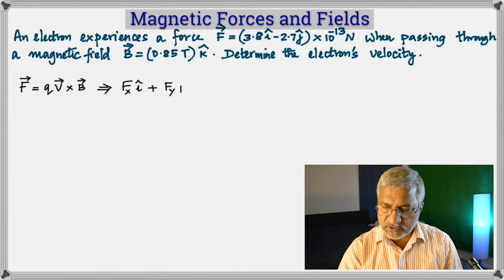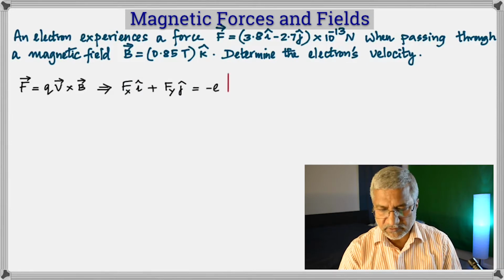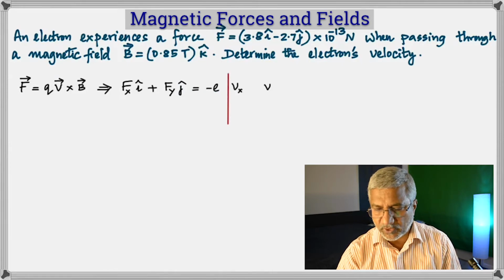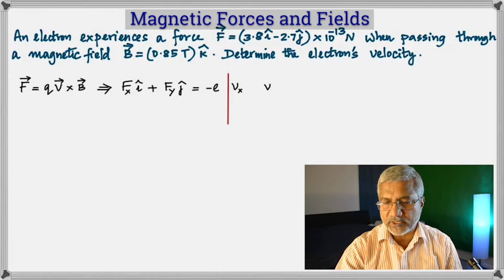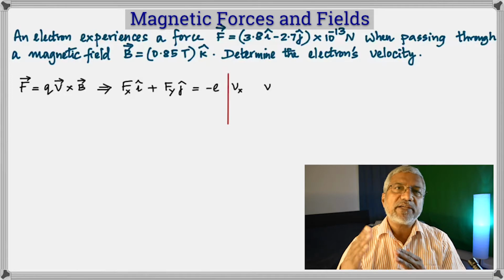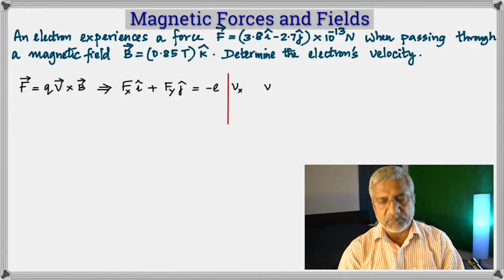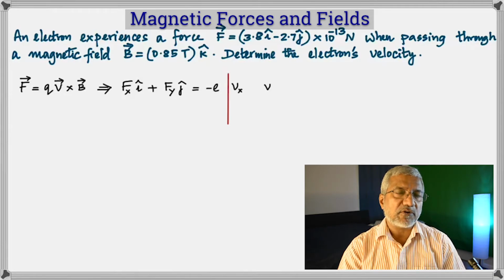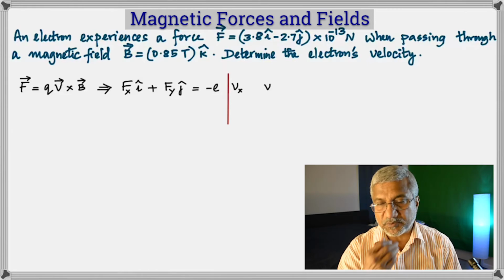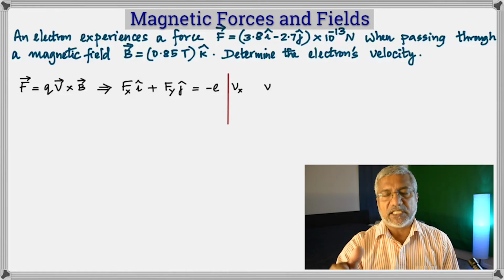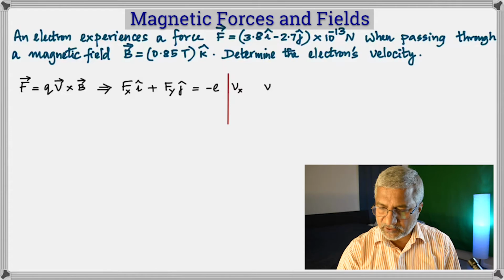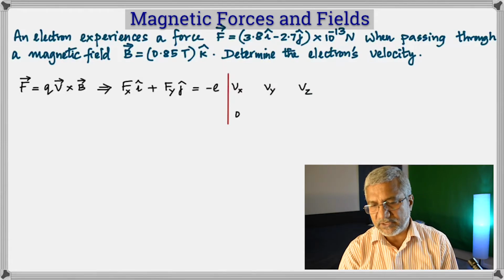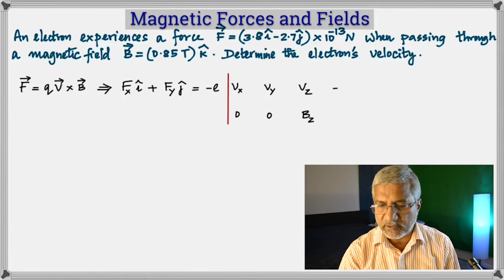So the force is itself going to have 3 components, Fx i, Fy j. It will not have the K component in this case. Remember, whatever is parallel, there won't be a component. So here the force will only have I and J components because the magnetic field is along K. And then to find the velocity, we just put it as Vx, Vy, Vz because we do not know what they are.